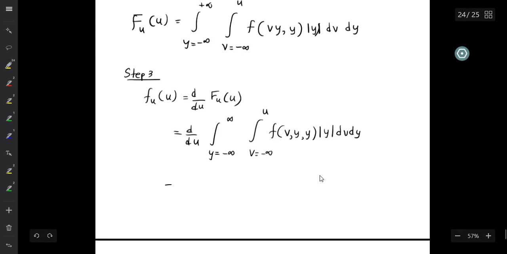First let's take the derivative inside, because y is independent of d over du. Sorry, this should be just v times y.